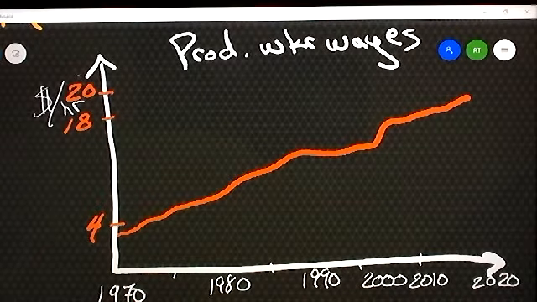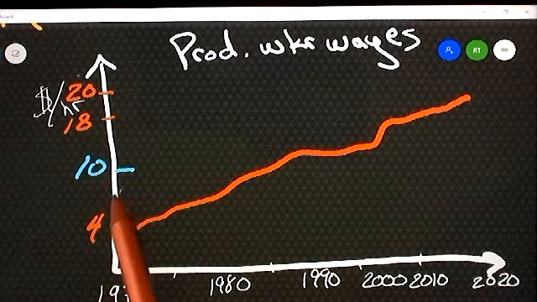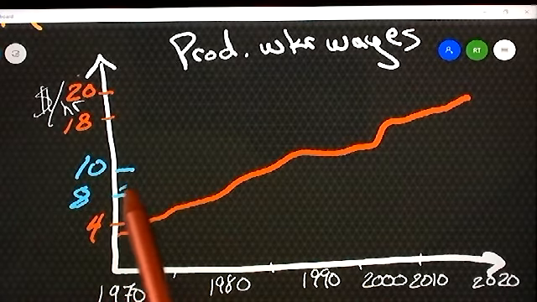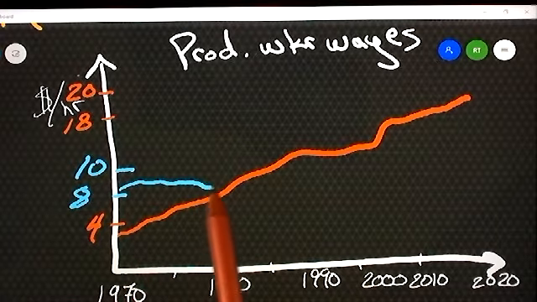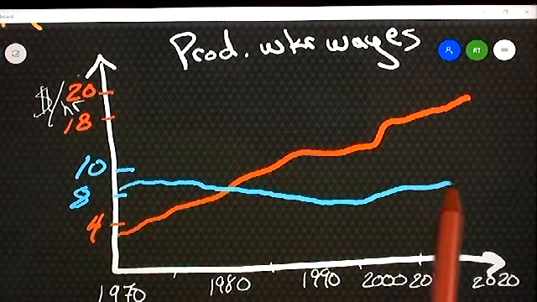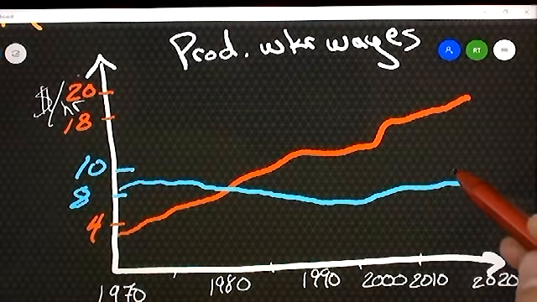But then when we adjust that for the actual inflation, what they've actually been making since the 1970s, it has gone down to nowhere.